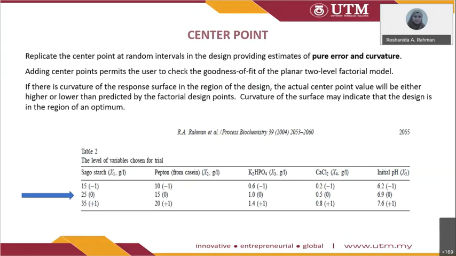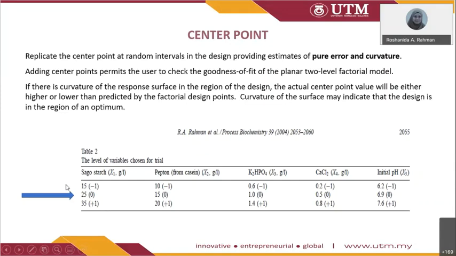If we want to run another set of experiment at the center point, we code it as 0. So the software will give you another runs. You need to repeat it.